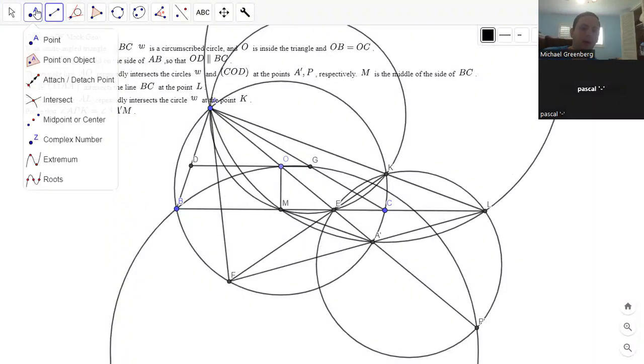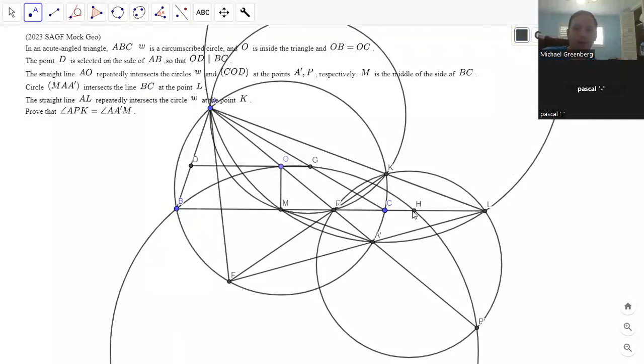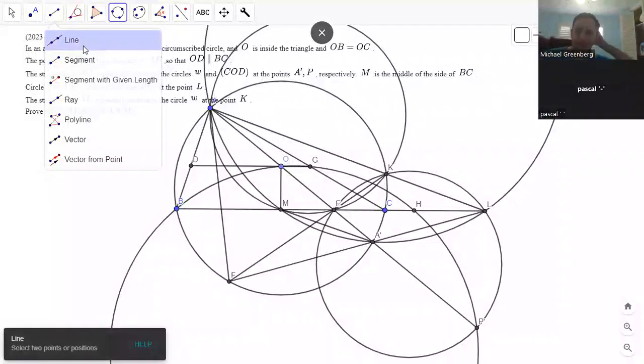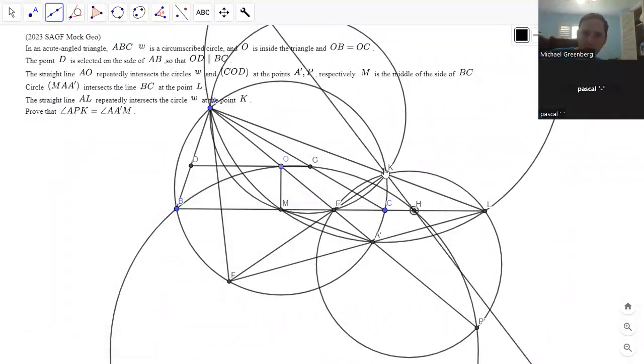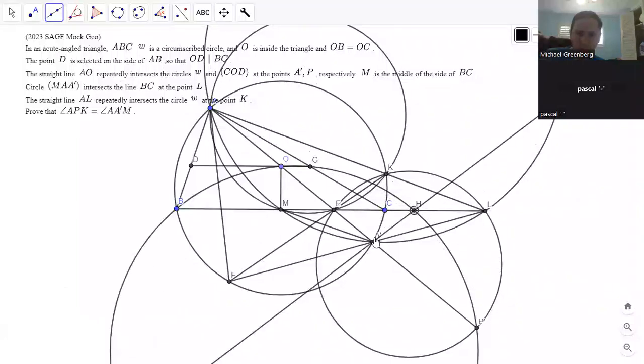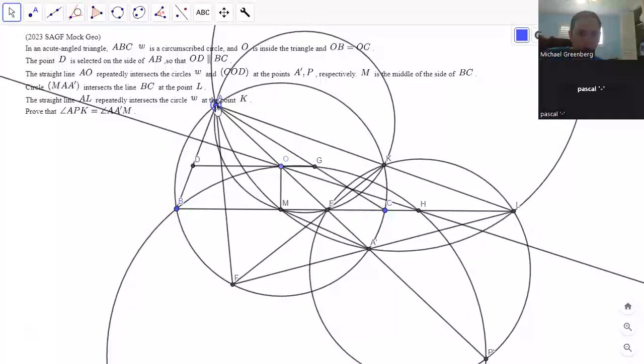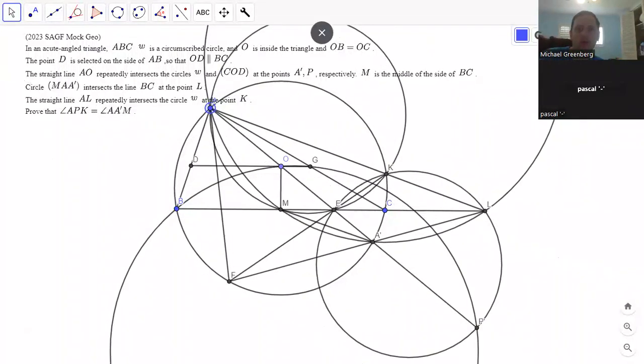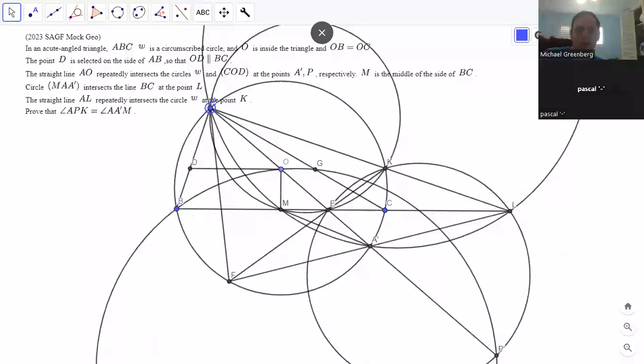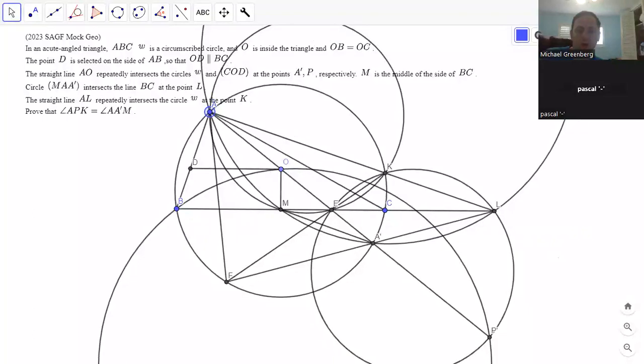And so then this would be an isosceles trapezoid, basically, BOGH. And do those intersect on the symmedian? No. Interesting.